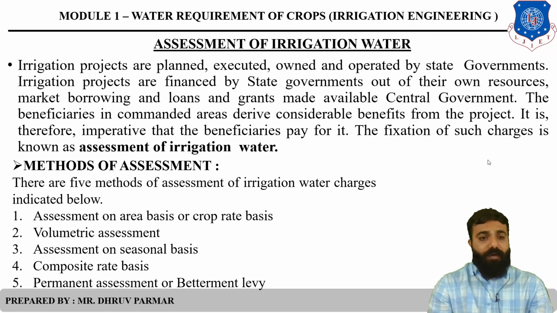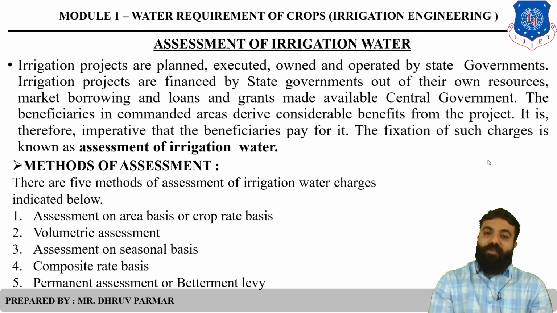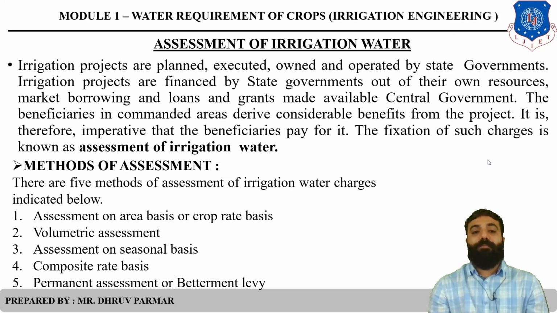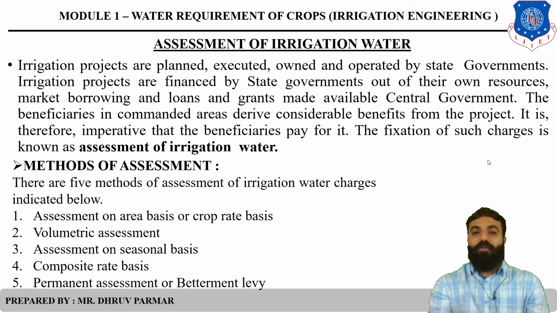And then fourth one, composite rate basis. In composite rate basis, the assessment is a compound of land revenue as well as tax on water. That is called a composite rate basis. Then last one, permanent assessment or betterment levy. Clear? A particular farmer uses his own source for irrigation and does not use the canal for irrigation.